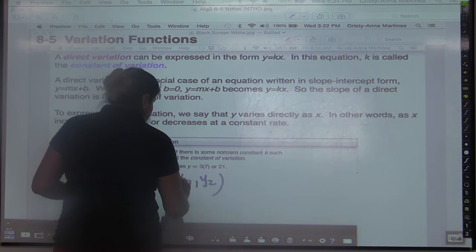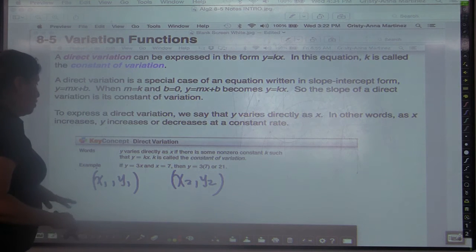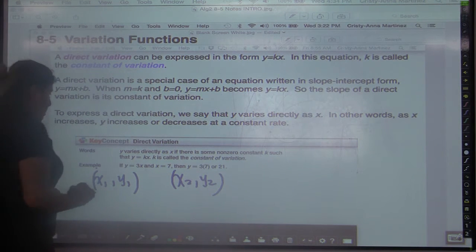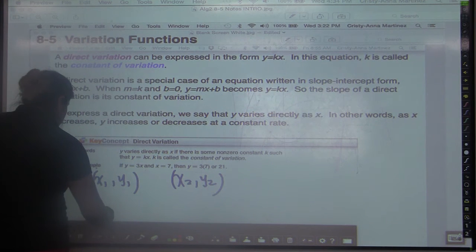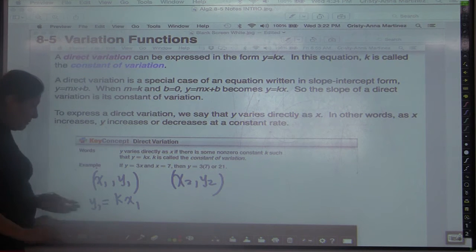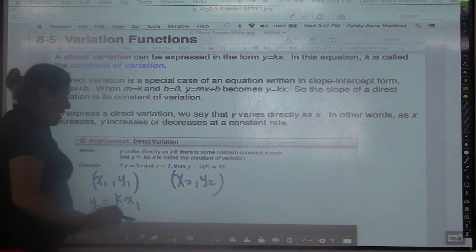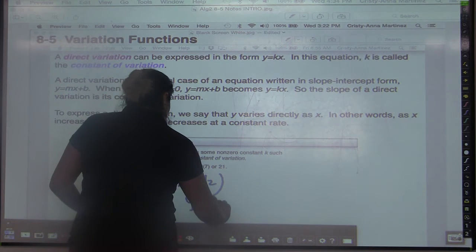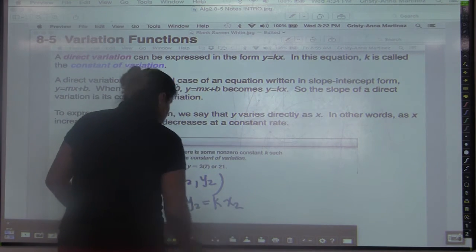And you know that it's a direct variation, then you can write that y1 will equal k times x1, because that's the direct variation, y equals kx. And so in the case of x2, y2, you could write y2 equals kx2.